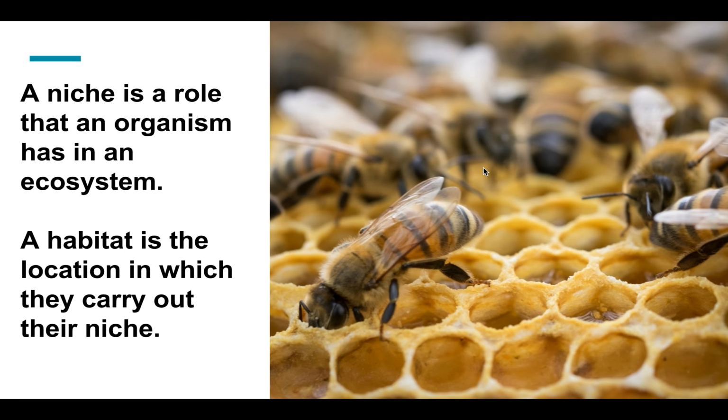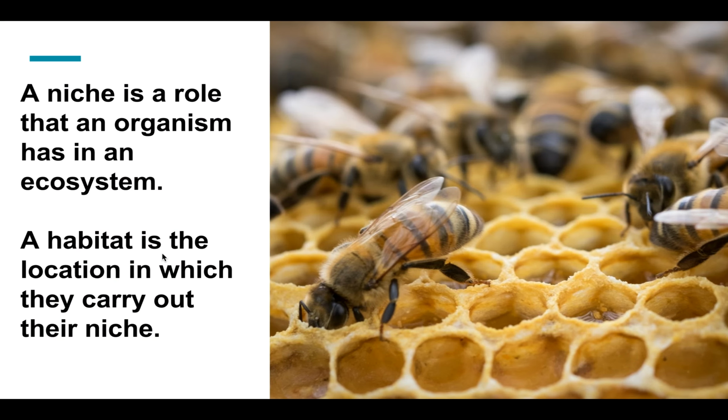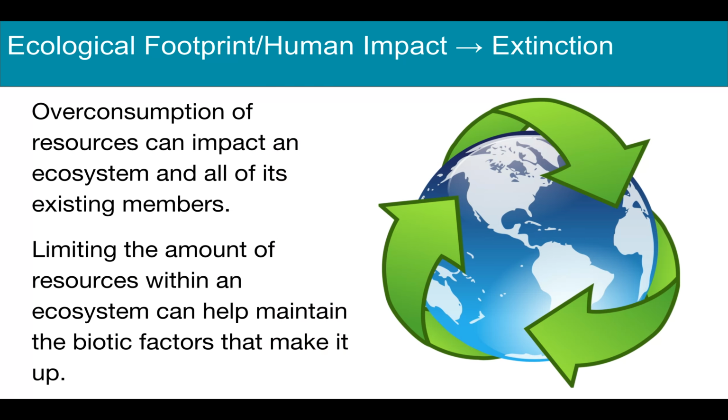So again, reiterating, in ecosystems you have organisms that carry out specific roles and the habitat in which they live. So in cases like this, when habitats or ecosystems are destroyed, it's greatly going to affect our ecological pyramids. If I lose a whole trophic level, or if I lose a whole layer of organisms, it's going to drastically affect the niche and the habitat of future organisms, which could then cause or lead to extinction.